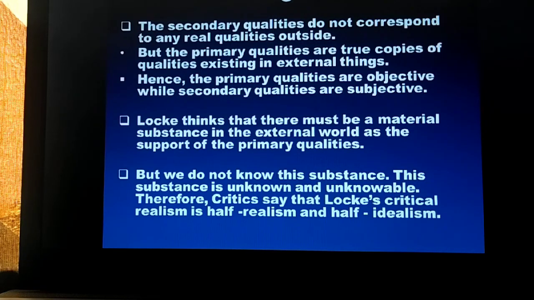If primary qualities are not there, secondary qualities must not be there. It means that they will not exist. So primary qualities are the main support of the secondary qualities. Therefore, Locke thinks that there must be a material substance in the external world as a support to the primary qualities.